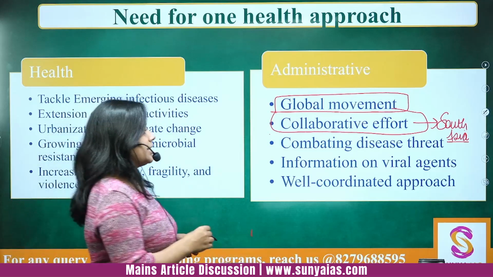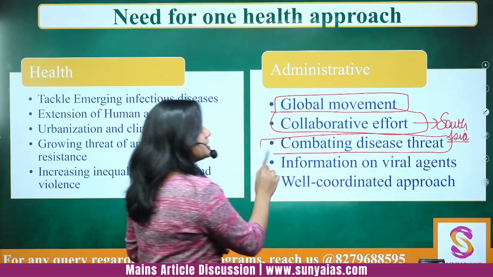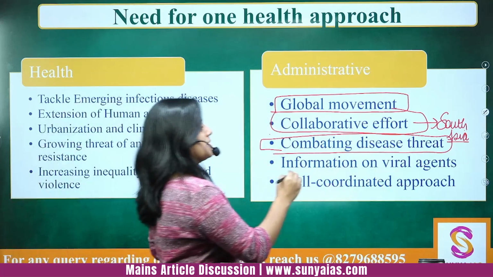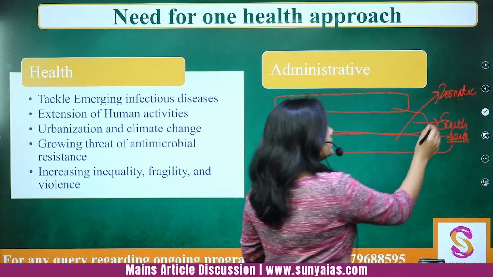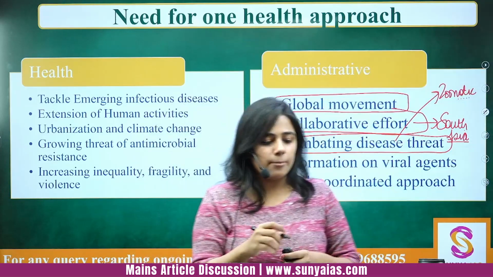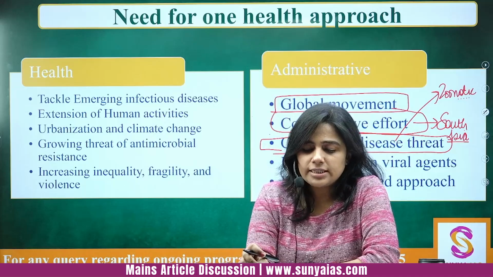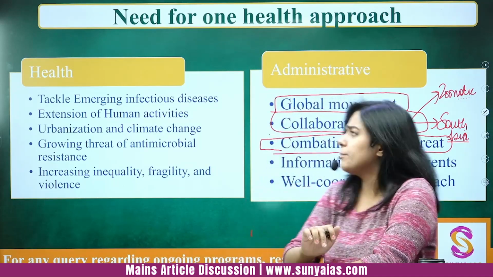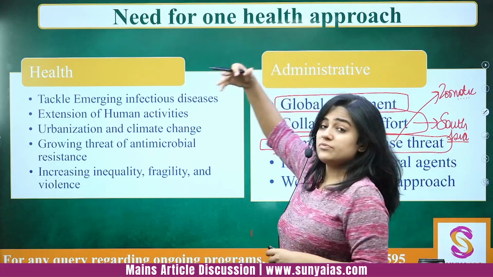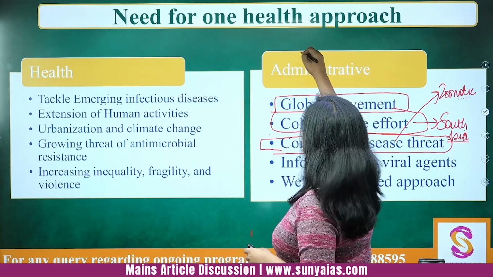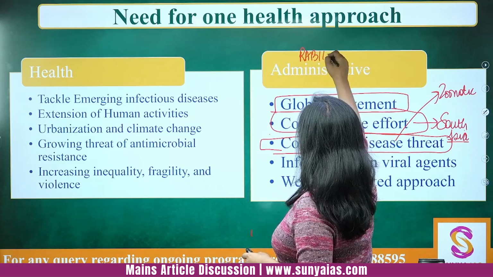Then combating the disease threat, and specifically the zoonotic diseases, because One Health is all about managing the zoonotic diseases. For example, if I were to tell you what is one of the biggest diseases in India right now, it's rabies.